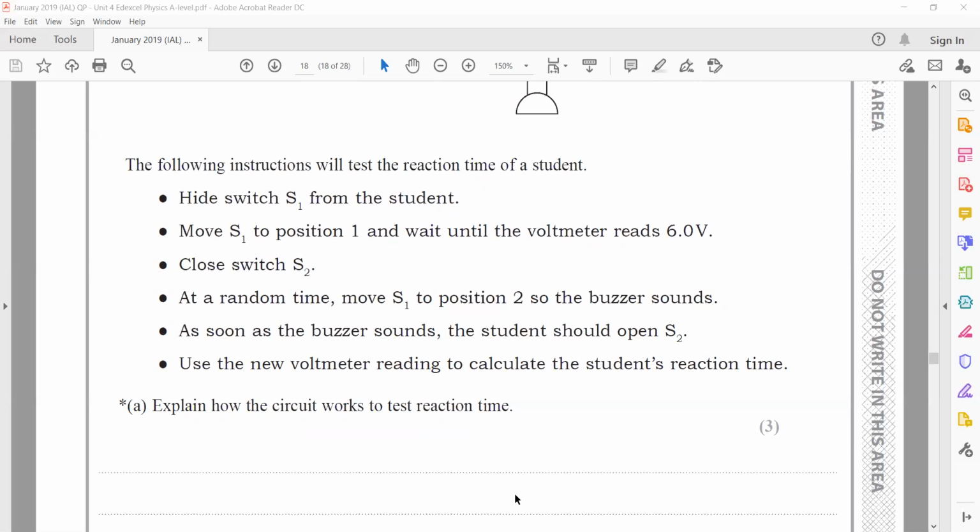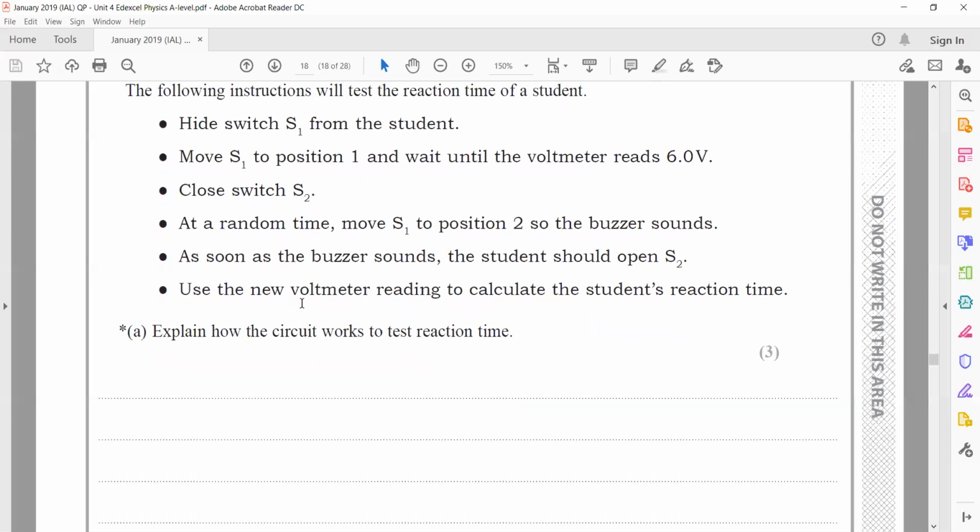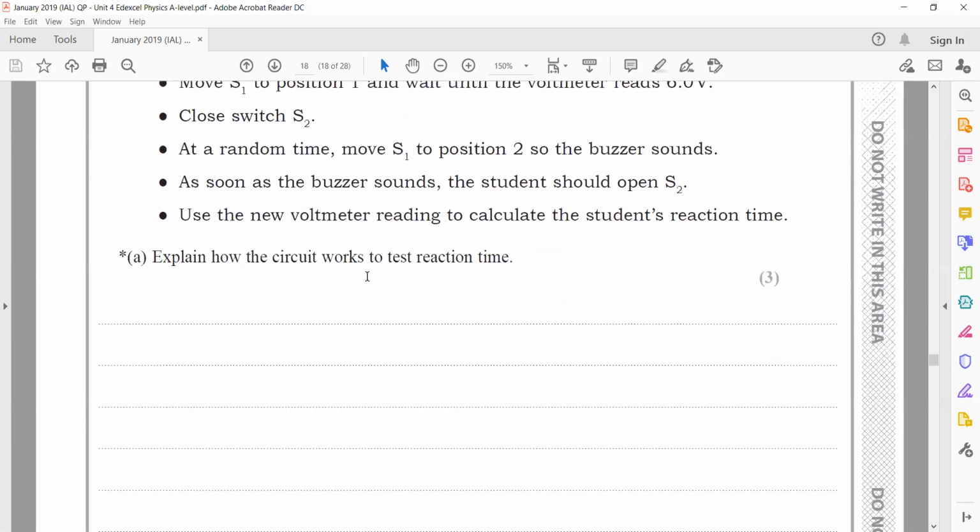And using V = V0 e^(-t/RC), we can find the time taken by the student to react to the sound, or the reaction time of the student. Is it clear, this part, how a circuit works to test the reaction time of a student?